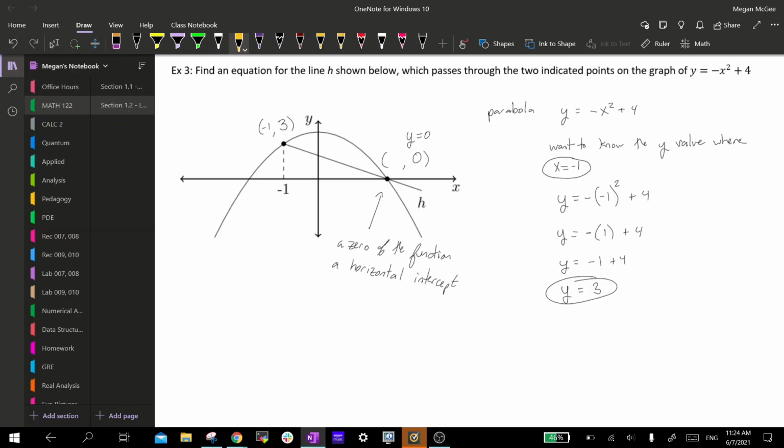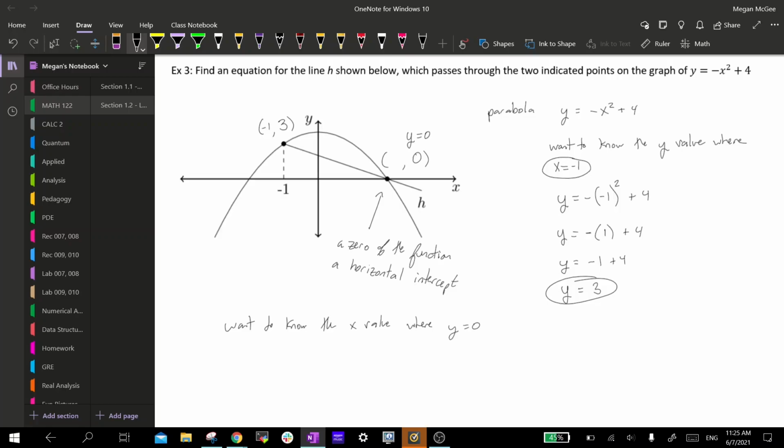And that makes sense because 0 is right here, right? This is the 0 line for y. The x-axis, along the whole x-axis, y is 0. Okay, so we have y is equal to 0, and we want to know the x value where y is equal to 0.